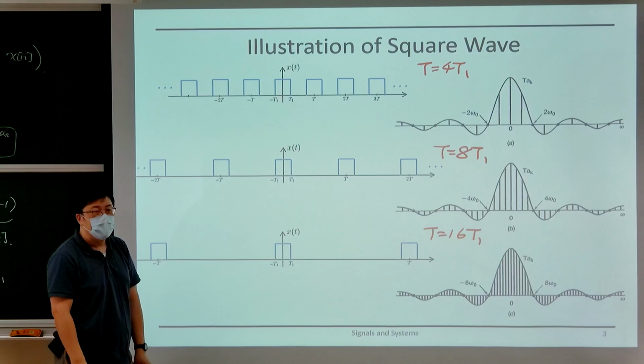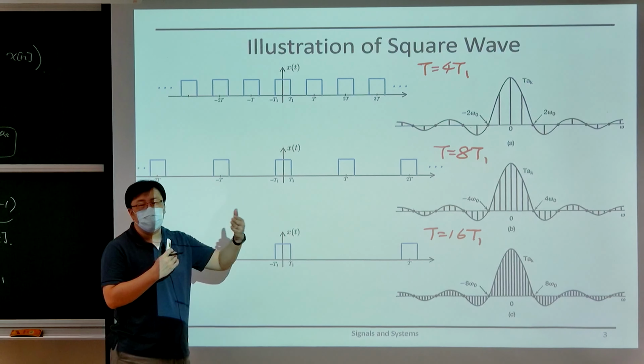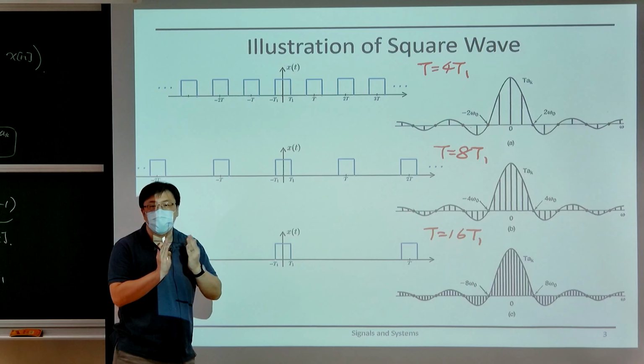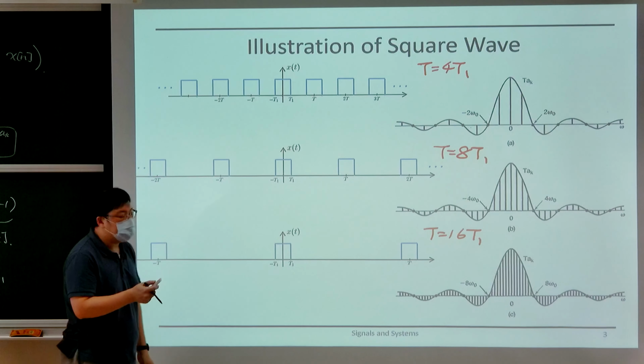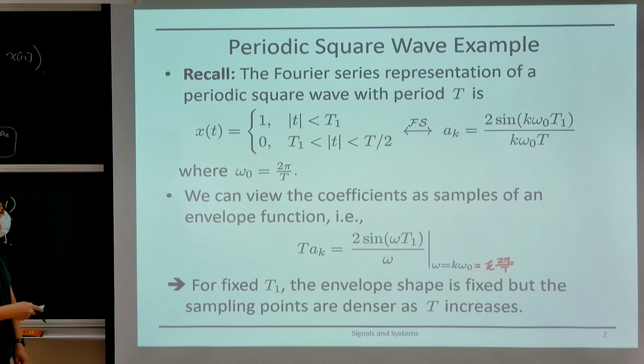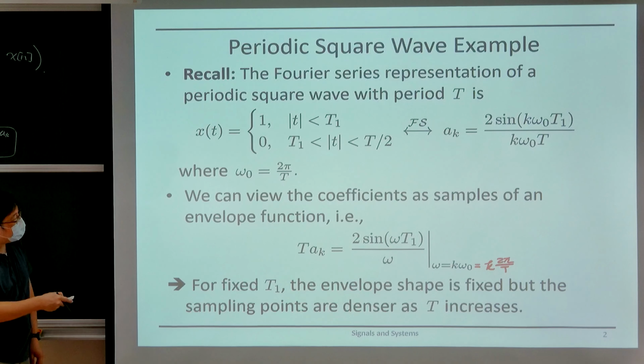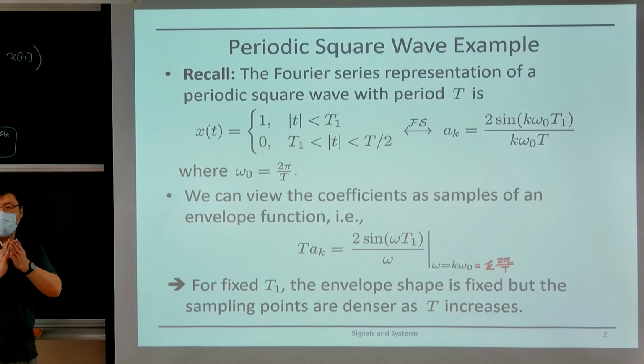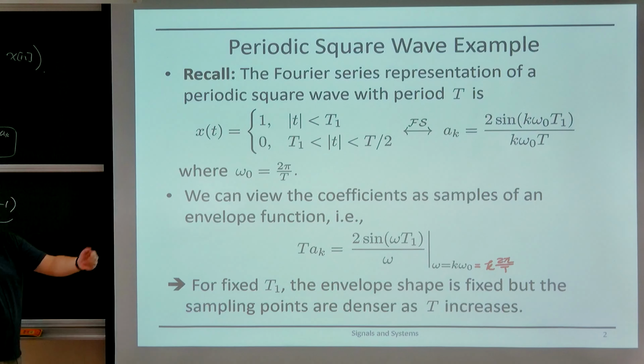And you expect that the frequency components will also converge to a continuum. Instead of having discrete frequency components at k omega naught, we now may have a continuum of frequency components at all frequencies. Okay?